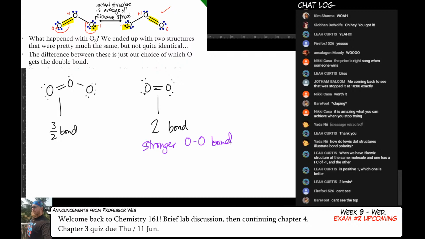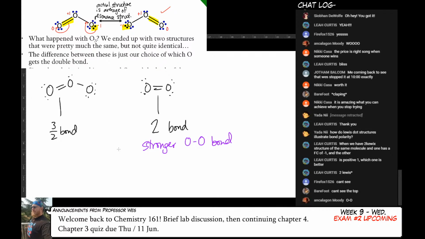So the oxygen-oxygen bond in O2 will be stronger than the oxygen-oxygen bond in O3. And because the bond is stronger, it's also the shorter bond.